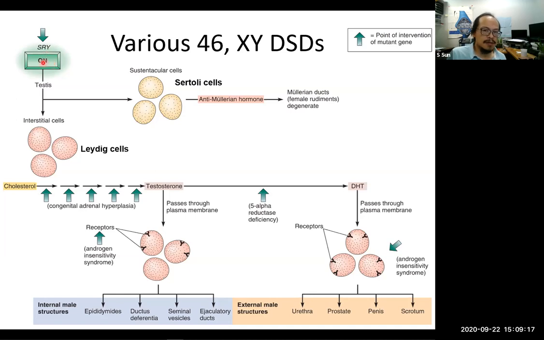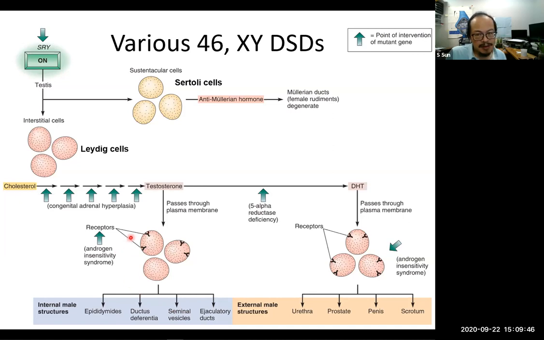Okay, so that's the common one that we see. Another common one is that the patient may not have the capacity to convert cholesterol into testosterone, or doesn't develop enough testosterone receptor, because testosterone needs to act on the cell to promote its differentiation into different organs.